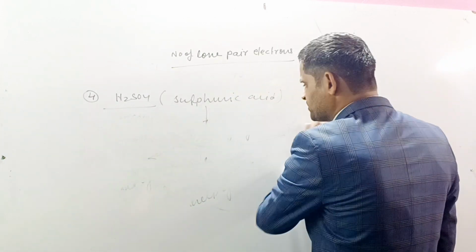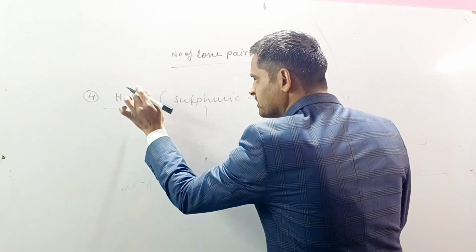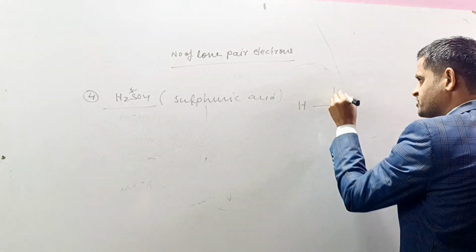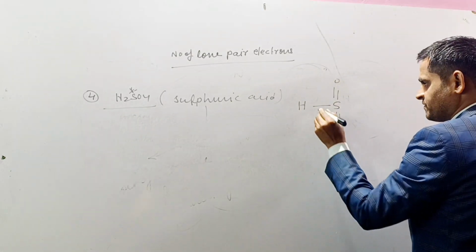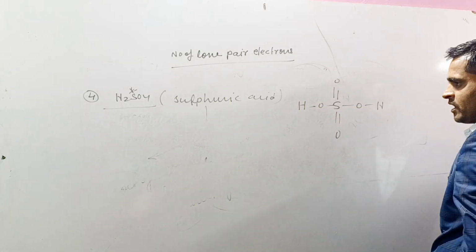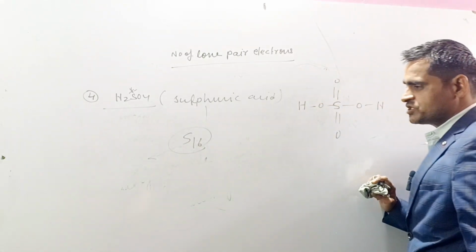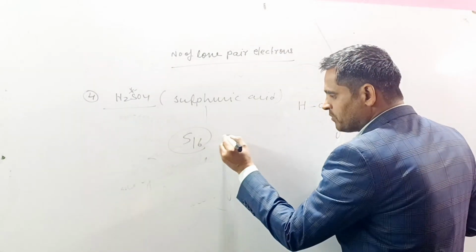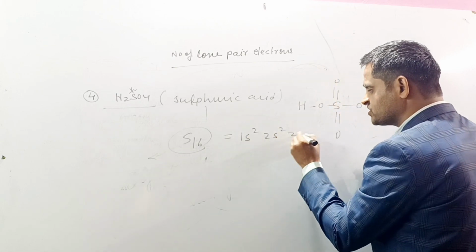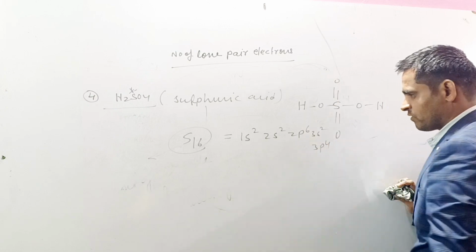And now the structure of H2SO4, we will count the lone pair electrons at the sulfur, and H2SO4 is found in this type of structure. Now the sulfur contains atomic number 16 and 16 electrons, 1s2, 2s2, 2p6, 3s2 and 3p4.